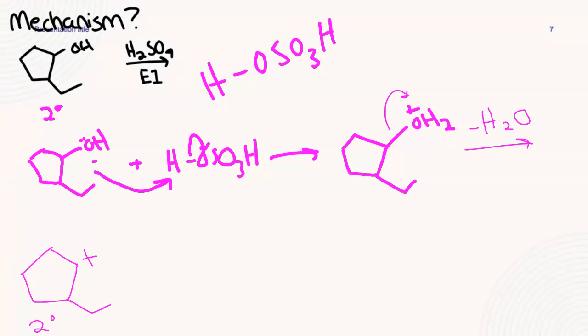Can I do something with it? I can, right? There's a hydrogen here. I can switch that hydrogen to that carbon there, which would switch that positive charge to the tertiary carbon.